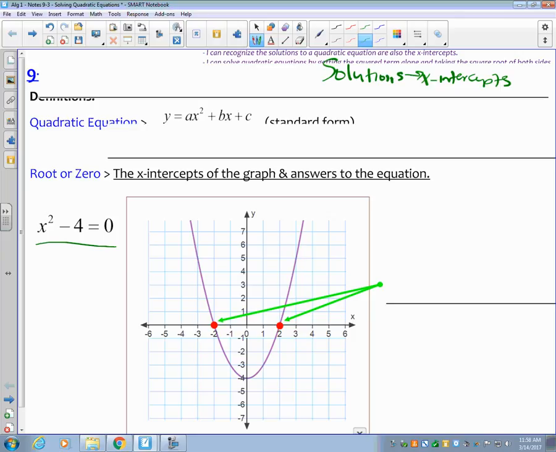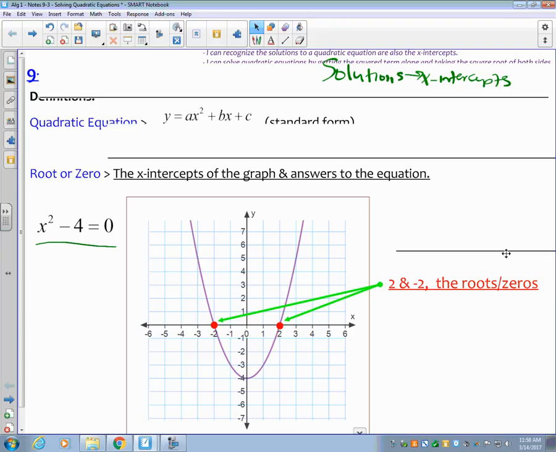And if we look at the answers to that equation, 2 and -2 are the roots or the zeros of the equation.